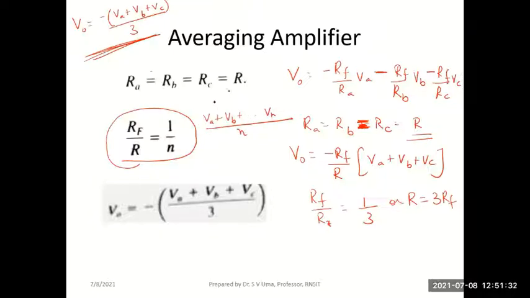This is the average of n input signals, so I have to choose this resistance ratio RF by R as 1 by n. In this case, I have to choose RF by R as 1 by 3, so I'll get the average of the 3 input signals. V0 is equal to minus of VA plus VB plus VC by 3. Is this clear? Any doubts?